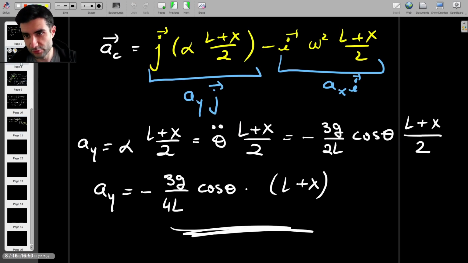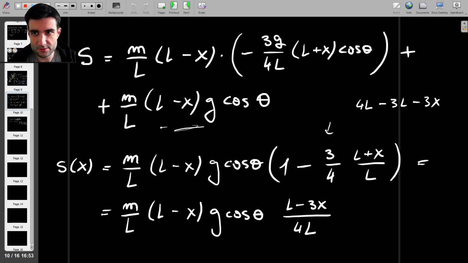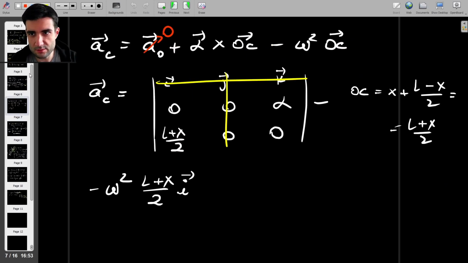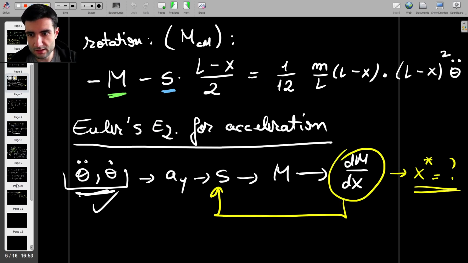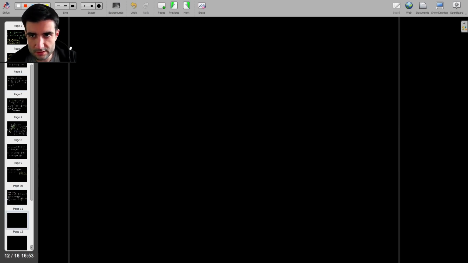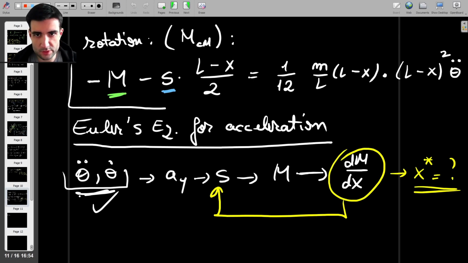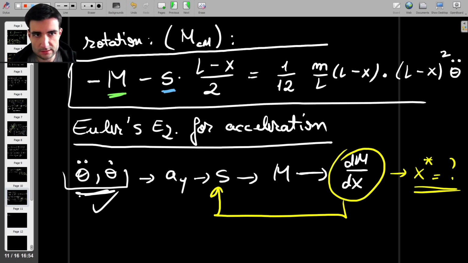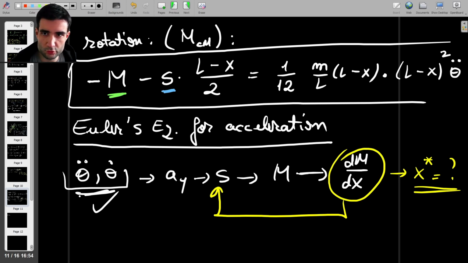So let's do that. Now, the equation for the moment was somewhere up here, so I'm going to bring it down. So the moment as a function of x is equal to, so this is the equation we have. And what I'll do here is I will move the moment to the right-hand side, and I will put everything else on the left.